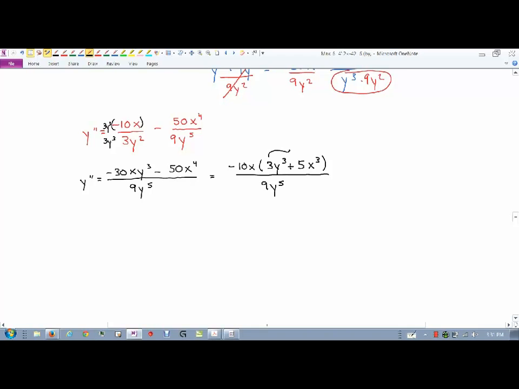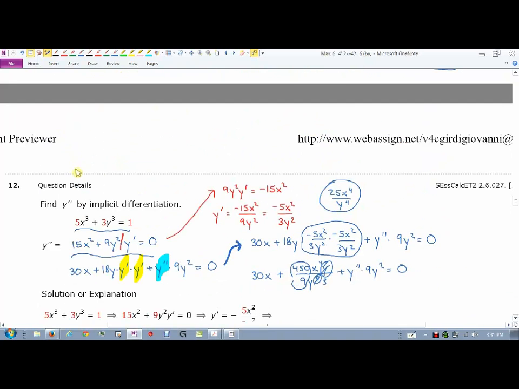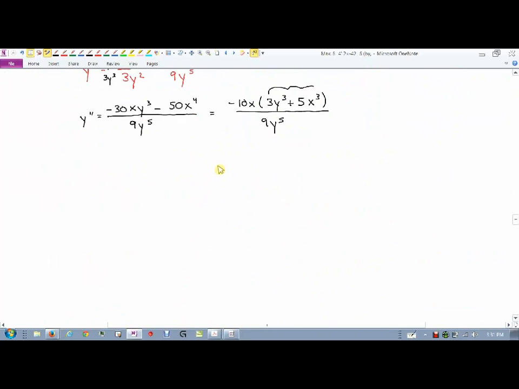And then this, from the original problem, has to be equal to 1. So since that's equal to 1, this is negative 10x over 9y to the 5th.